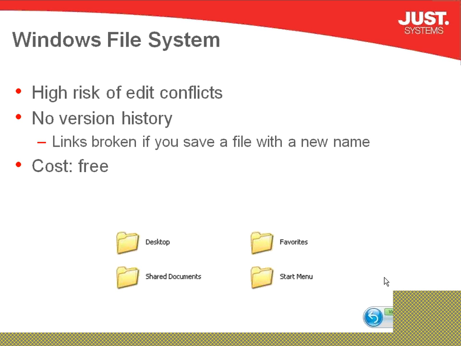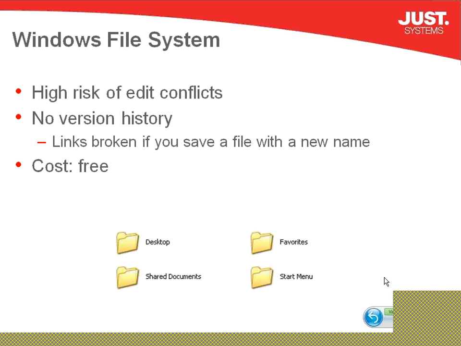One thing to keep in mind is that if you're just using the file system, XMetal doesn't lock files. So if you open a file and then someone else opens that file, neither one of you is going to get any kind of feedback that there are two people editing that file. And there's no version history.